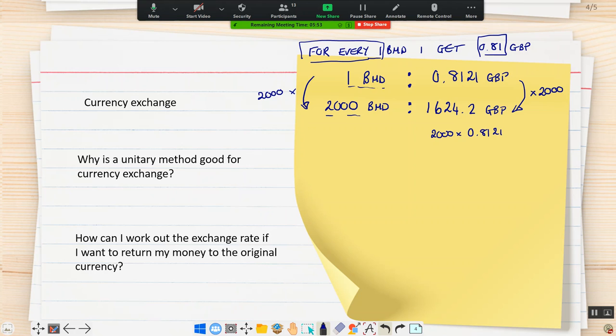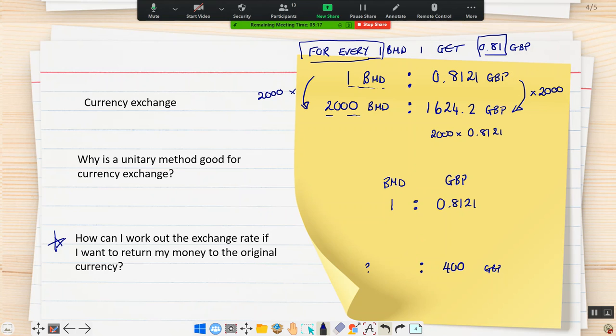All right. Now, here's the little extension bit. If I know that one Bermudian dollar is equal to 0.8121 Great British pounds, how can I work out the other way? So let's say I have pounds. Let's say I have 400 Great British pounds, and I want to know how many Bermudian dollars that would be.